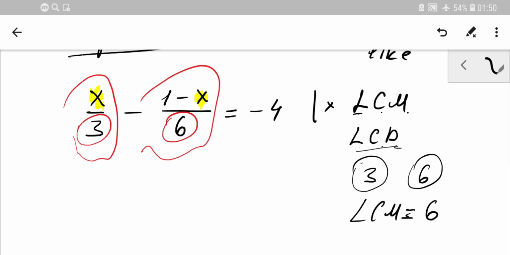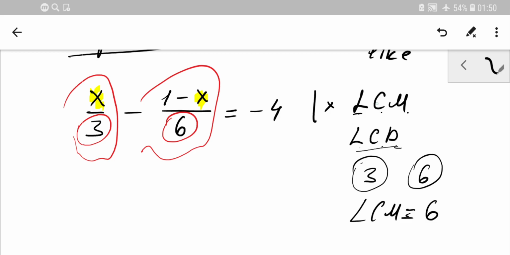Of course, you can take 12, for example. You can divide by 3 and by 6. You can take 24, for example. But this is not the lowest. If you don't take the lowest, you'll just exaggerate your numbers, and instead of smaller numbers you will operate with greater numbers.